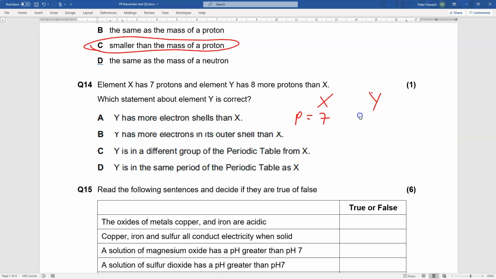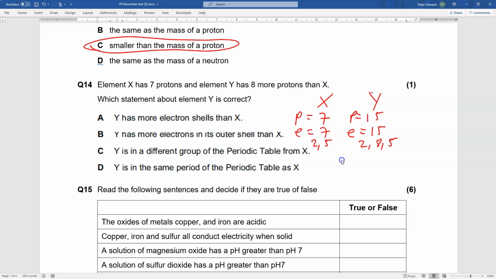Y has 8 more protons, so it has 15 protons. In terms of the number of electrons for each, 7 from this one, 15 from this one. If we wrote the electron arrangement up, this would be 2, 5. This one here, 15, 2, 8, 5.